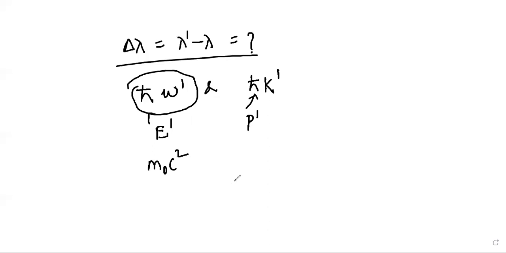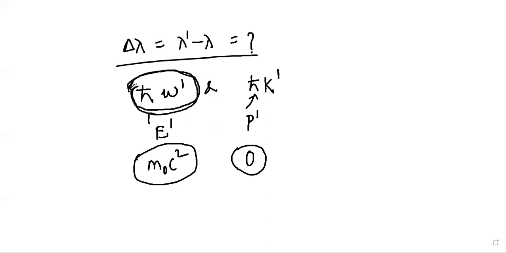And the momentum, as it is at rest, we can consider to be 0. So this is the energy and momentum of the electron, whereas ħω prime is the energy of the scattered photon and ħk prime is the momentum of the scattered photon. So this way we can start.